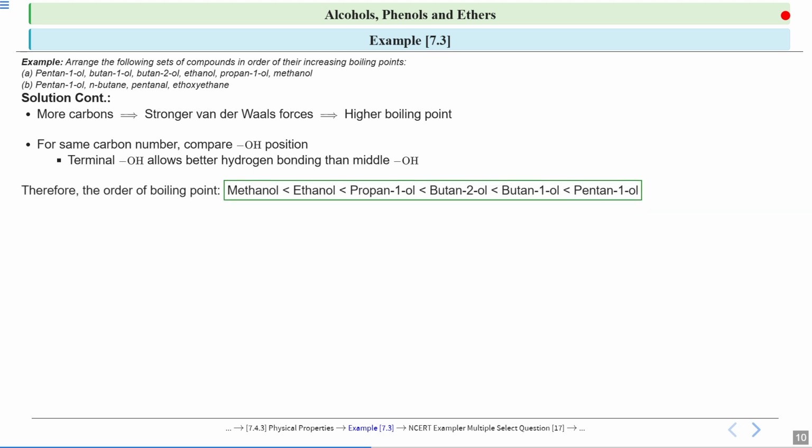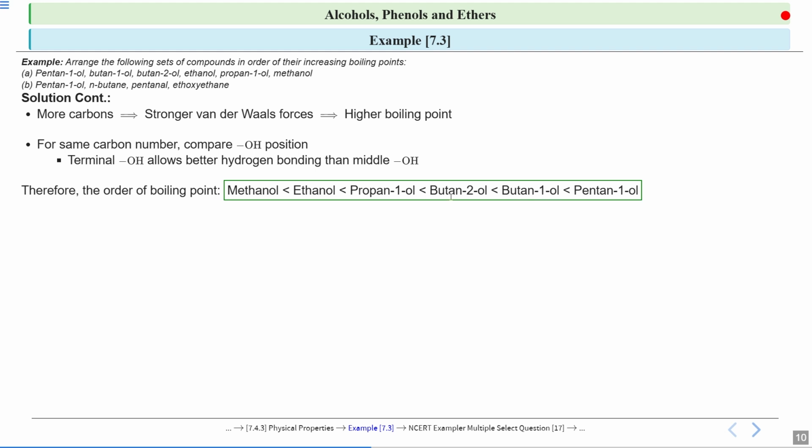So let us see the order of boiling point. First comes pentane 1-ol, because there are 5 carbon atoms, so the molecular mass is more, and the boiling point will also be more. Then comes butane 1-ol, with 4 carbon atoms and OH on the first carbon.